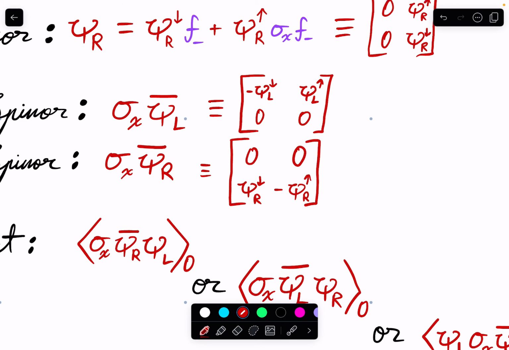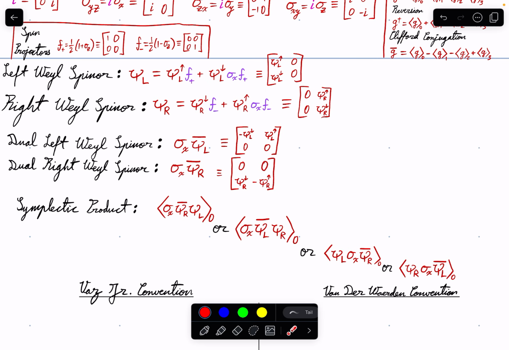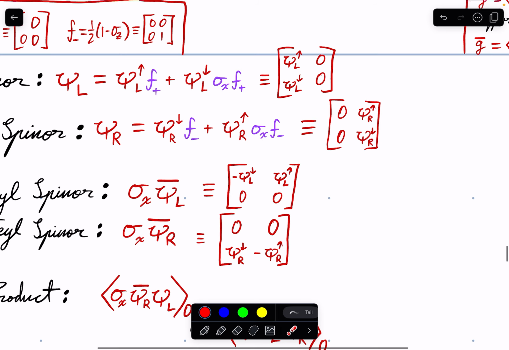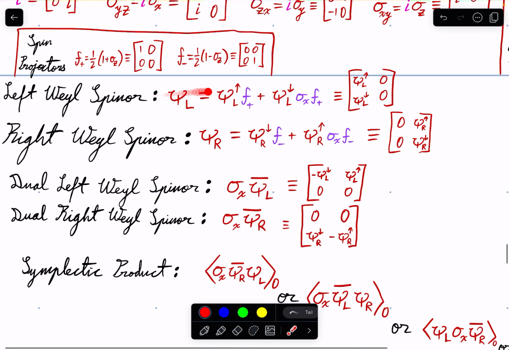Right. Okay, so that's what you get. So you can have a left Weyl spinor, a right Weyl spinor, a dual left Weyl spinor, and a dual right Weyl spinor, which just look like a column spinor, row spinor, row spinor.